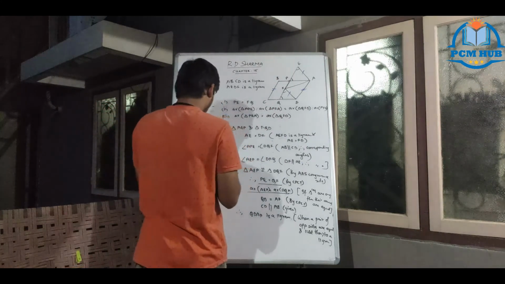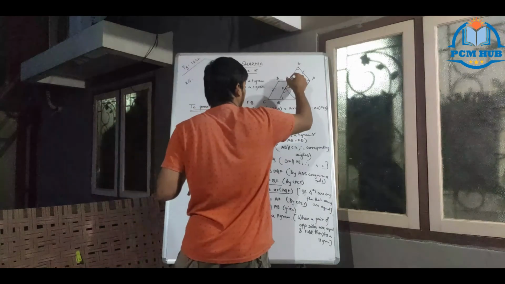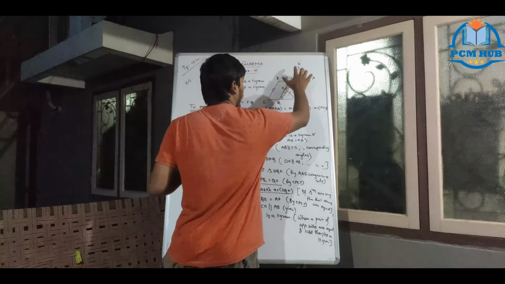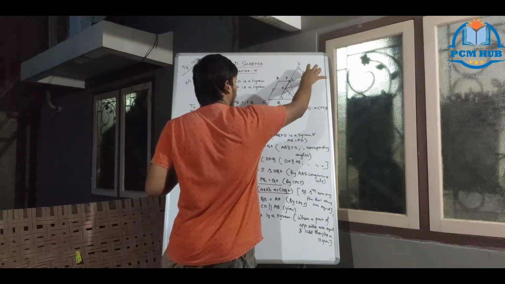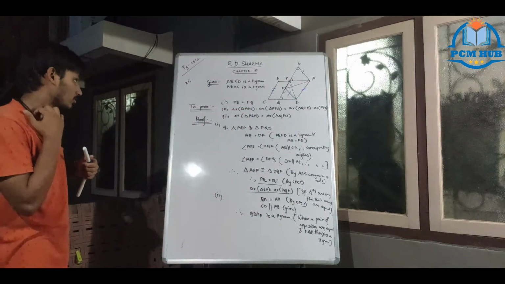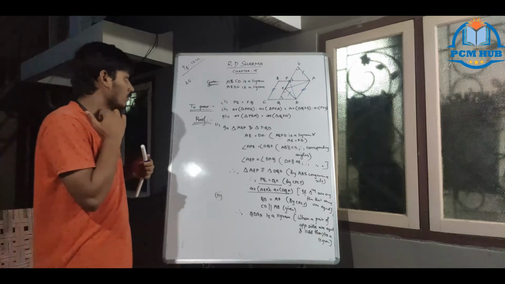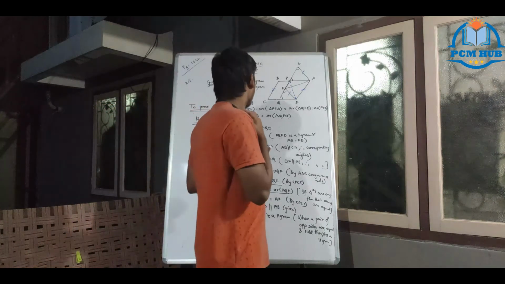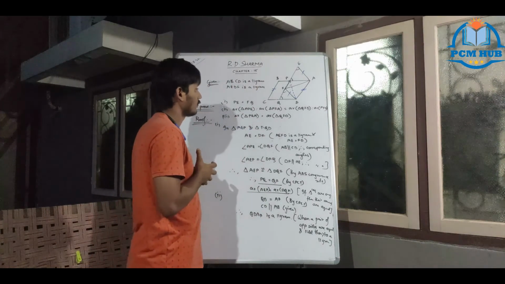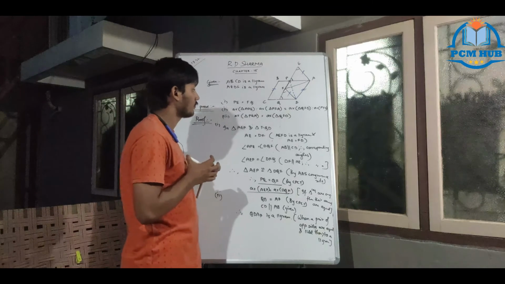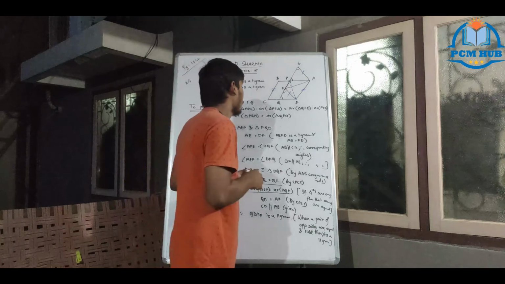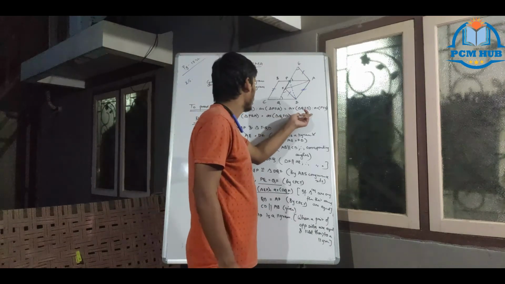And we need to draw this because of the diagonal. APE, PFA, these are two parts. QFD.